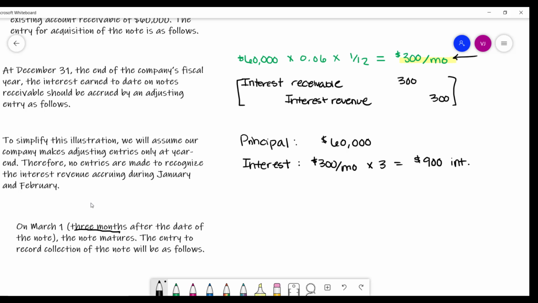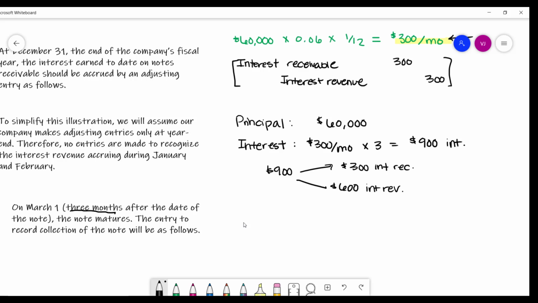So there's $900 of interest that Marvin would have to pay. But remember, of this $900 of interest, $300 of it was already recorded as interest revenues. And so we recorded also an interest receivable. There's $600 of it, however, that has not yet been recorded as interest revenue. So when we make this entry, what would that look like?